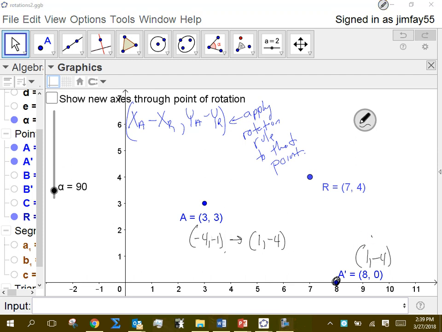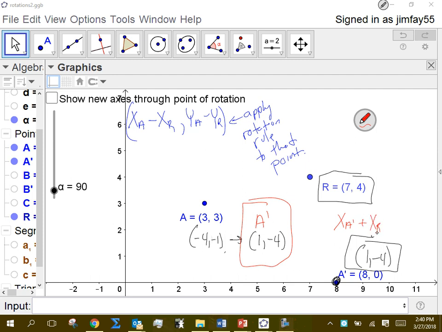Well, how can I get from that there and that there, how can I create this final answer or solution? I can add those. So thinking about what this does, it's taking the x value of A prime, let's call this one here A prime, and adding to it the x value of your rotation.